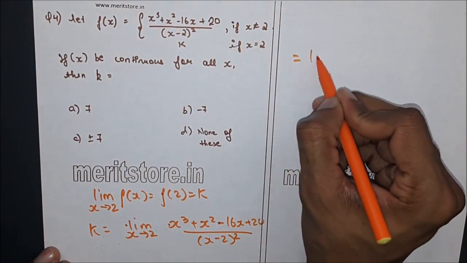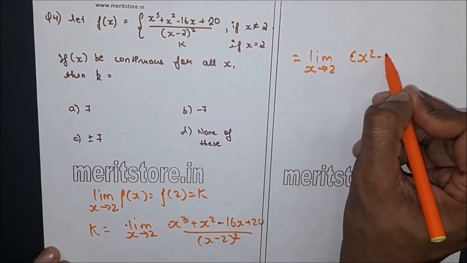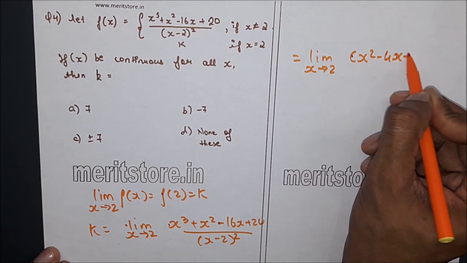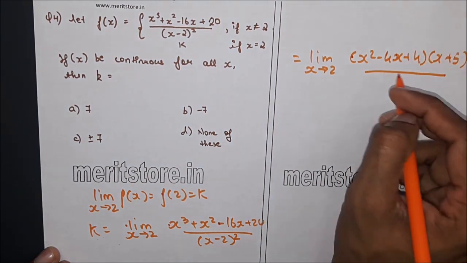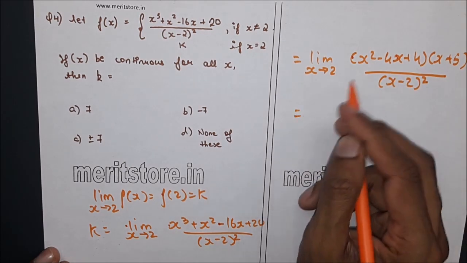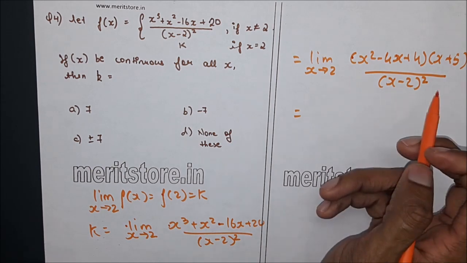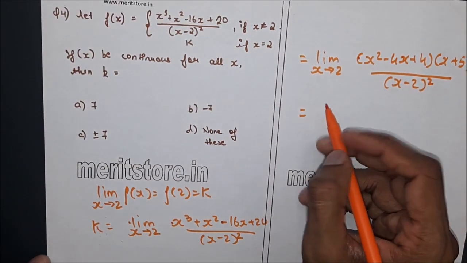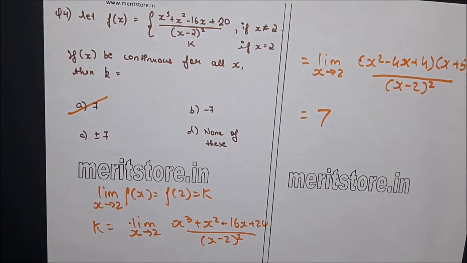So we get the limit as x approaches 2 of (x - 2)²(x + 5) / (x - 2)². Further, if we substitute the value of x as 2 in this, we get 7, which is our option A. Therefore, option A is the correct answer.